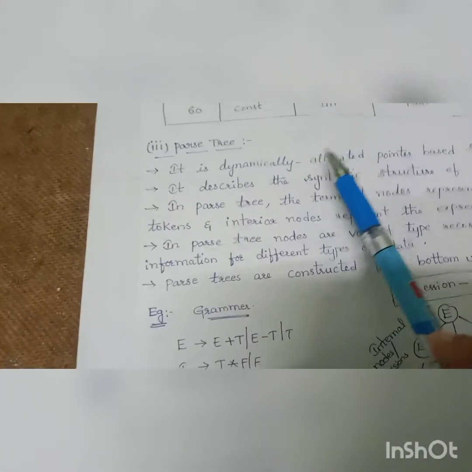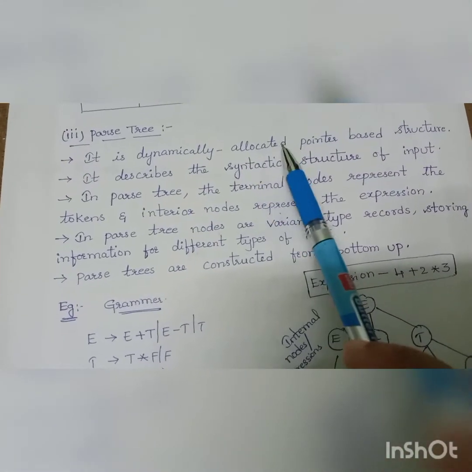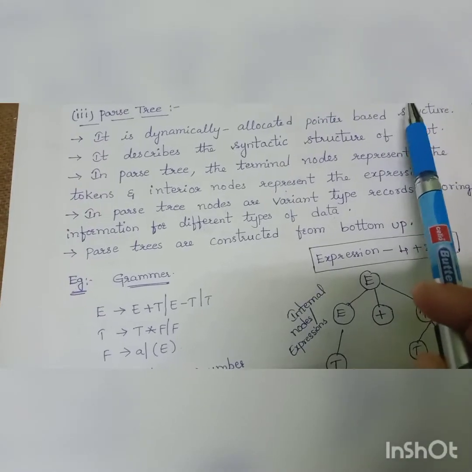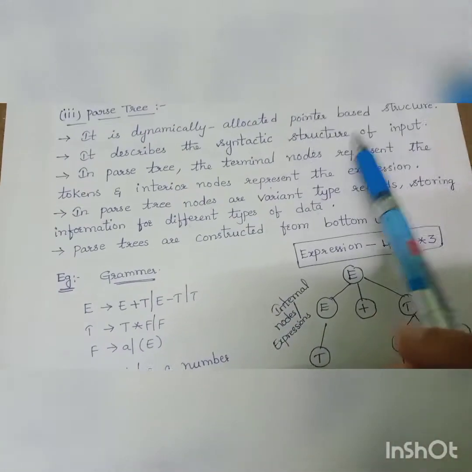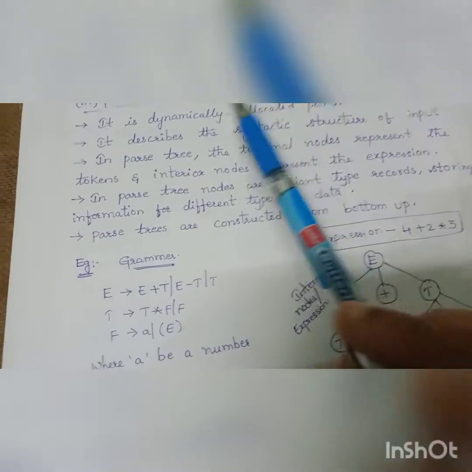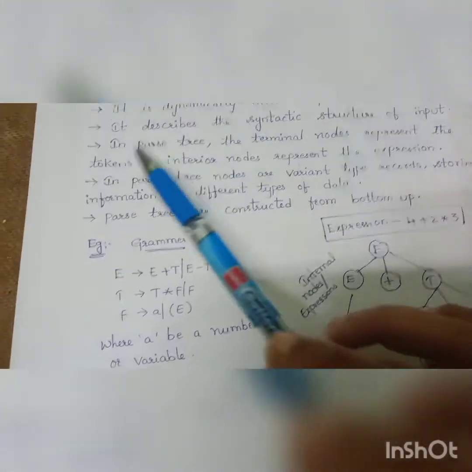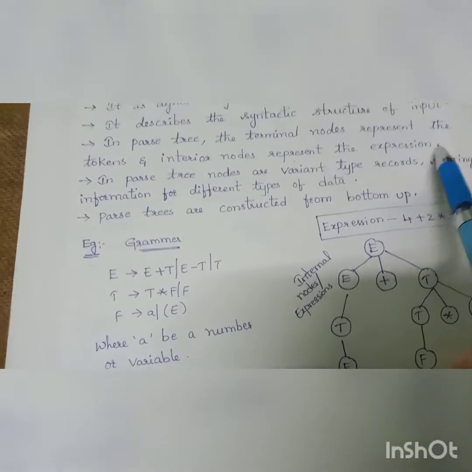And the next one is the parse tree. A parse tree is a dynamically allocated pointer-based structure. It describes the syntactic structure of the input. In a parse tree, the terminal nodes represent the tokens and the interior nodes represent the expression.